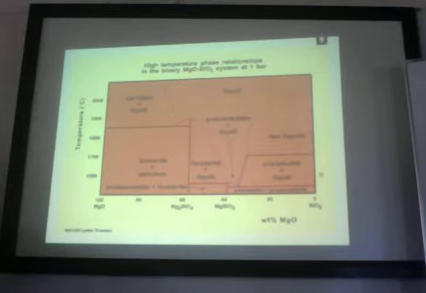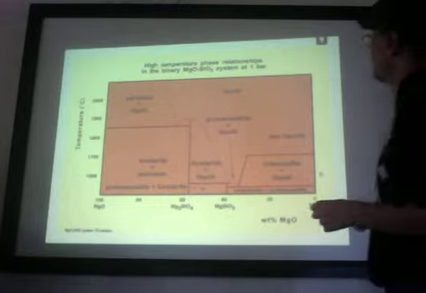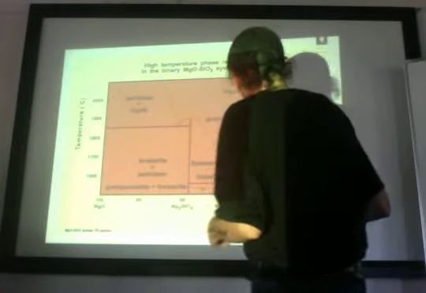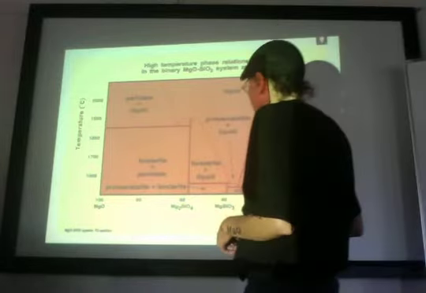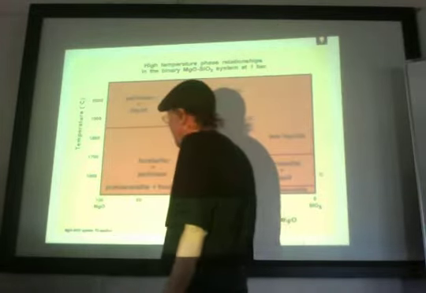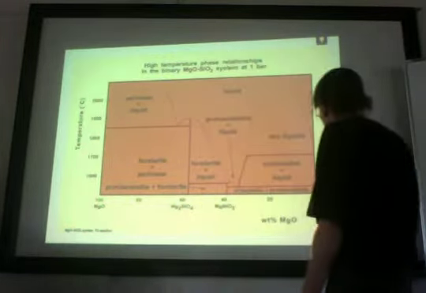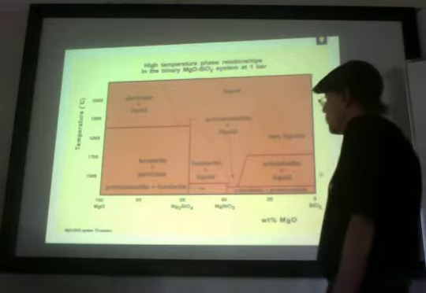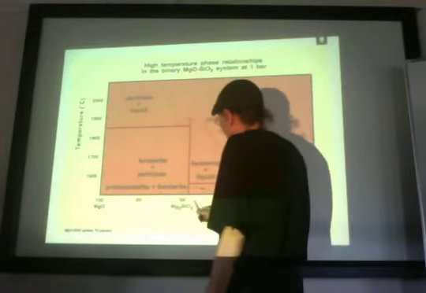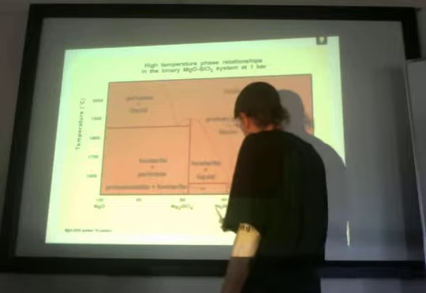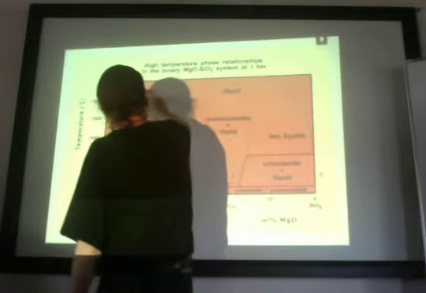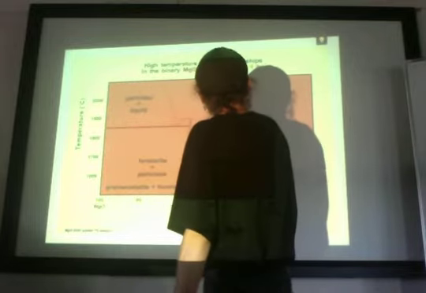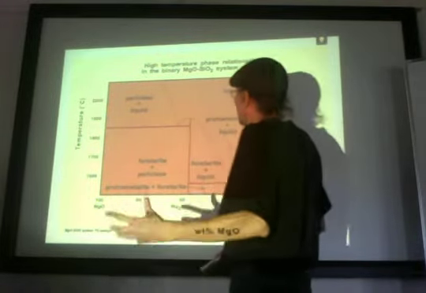Yes, here we have the high temperature phase relationships in the binary MgO-SiO2 system at 1 bar, that is at atmospheric pressure. Here we have 100% MgO, here 100% SiO2, between we have the forsterite, here the enstatite. Here, for example, we have periclase plus liquid. Here we have only liquid, that means melt.